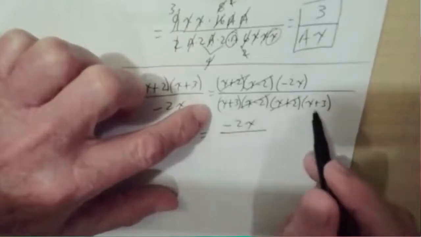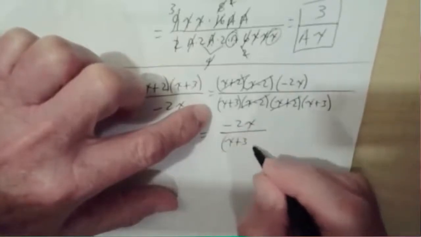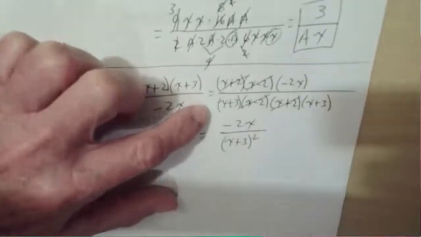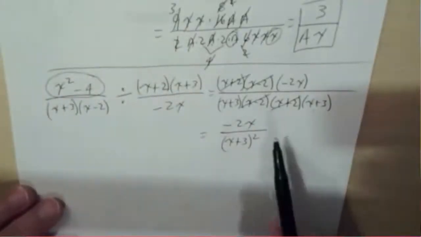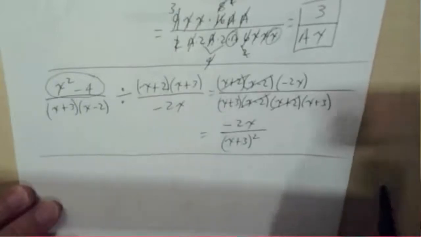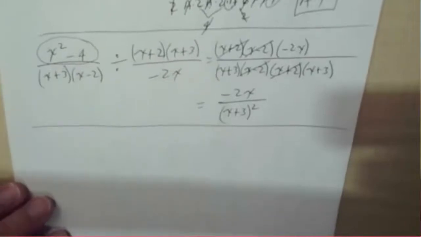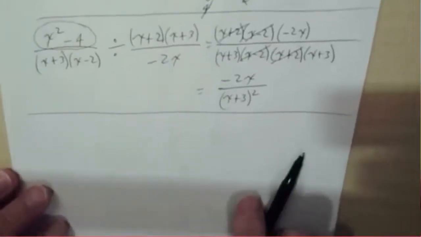You can write it like this, x plus 3 all squared. Same thing. As you can see, these really don't get any more difficult. They just get longer.